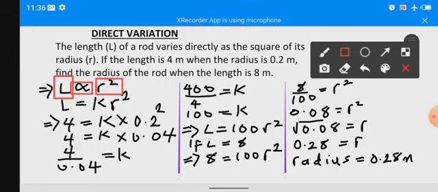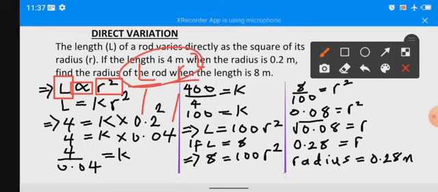Now when we say it is direct variation, it varies directly, the other quantity is going to be on the same plane. L is a numerator. If I were to say L, we could say L over 1, and R squared is the same as R squared over 1. So you see they are on the same plane.